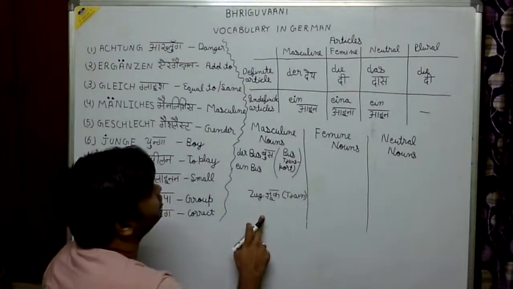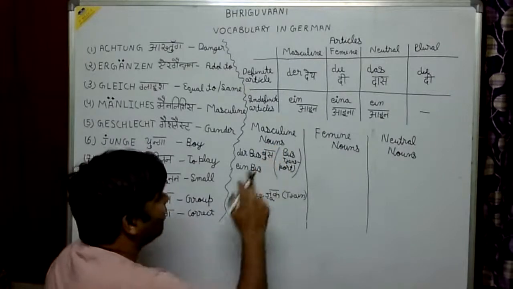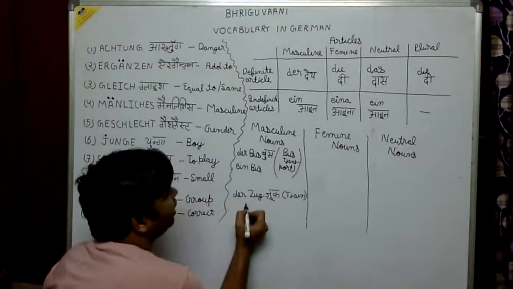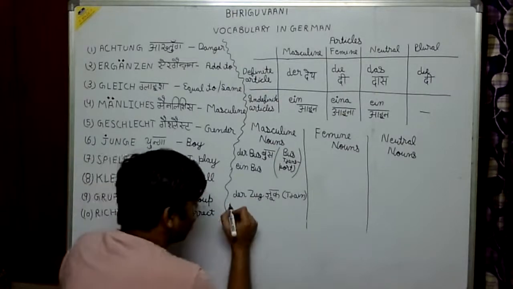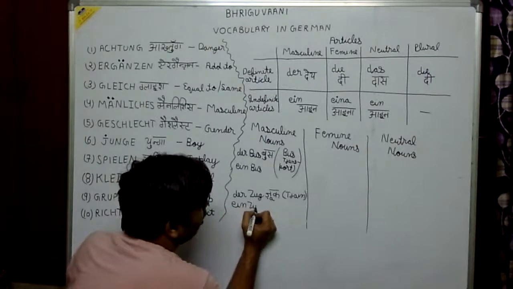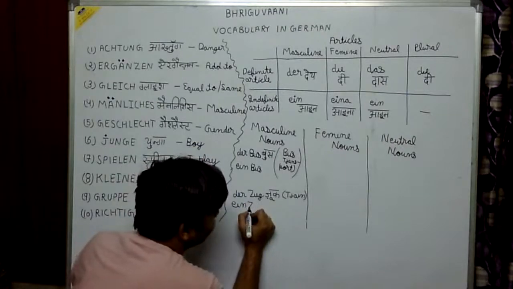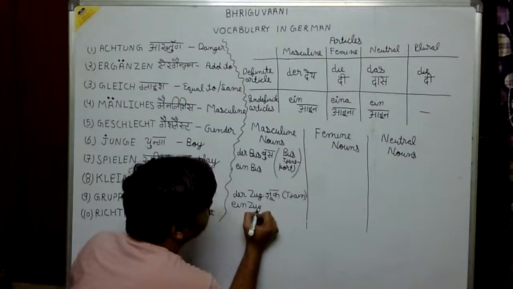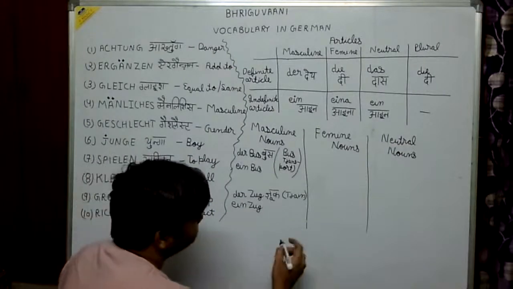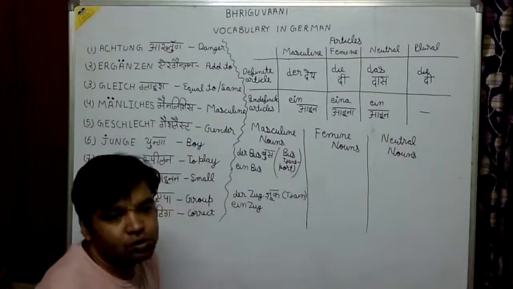And again, this Zug is a masculine noun. So for a masculine noun, we use der Zug or ein Zug.